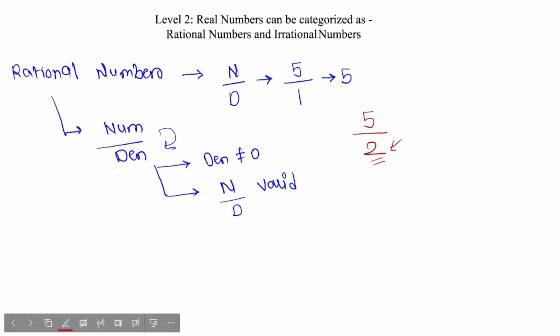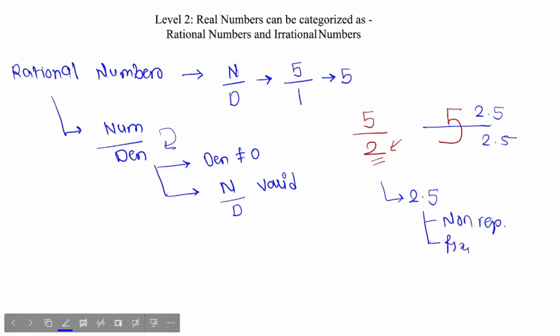So let us understand this in a division concept. If we divide 5 into two parts, 5 can be pictured as divided into 2.5 and 2.5. This explains that 5 gets divided into two parts. But the result of the division is 2.5, and this result is not repetitive and has a fixed value.